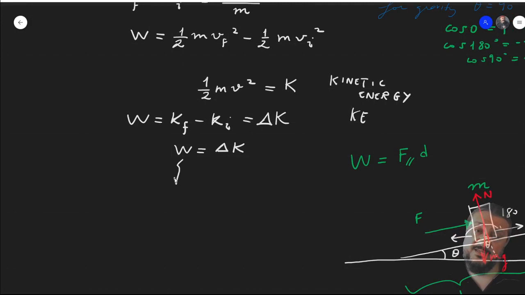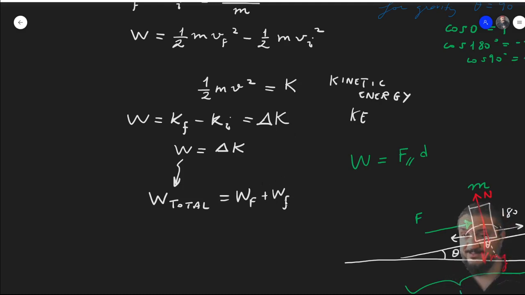So this has to be the total work. Total work means you just add them up, okay? Remember, work is a scalar quantity. It's not a vector. It's just a number. You can add them up, but make sure to keep the sign, positives and negatives, exactly the way they are. So like in the previous case, we had the work done by the force that we're pushing, and then there may be friction.